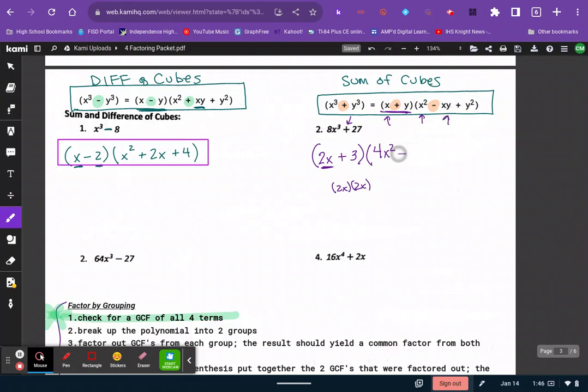Next term says take this and multiply them together. 3 times 2 is 6x. Last term in the pattern says whatever's here, square it. And now you have fulfilled the pattern and you have factored your sum of cubes.